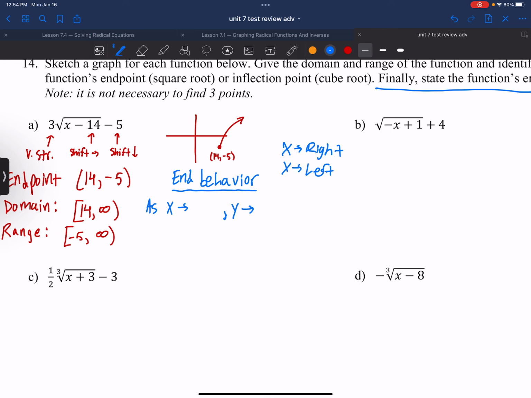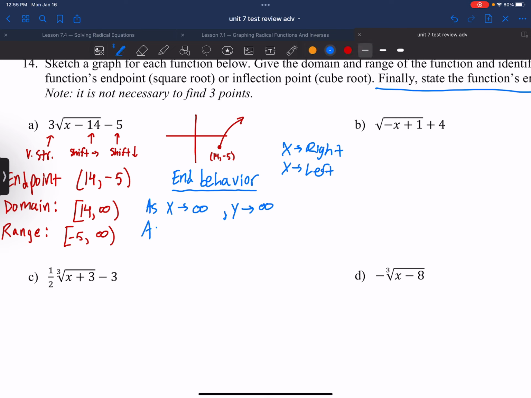Well, if x is going right, it's continuing on towards infinity. So I say, as x goes towards infinity, as I go to the right this way, where is y going? Well, y is going up. And it's not approaching any limit or apex value, no maximum. So it's just going to continue towards infinity. And that's pretty much it.